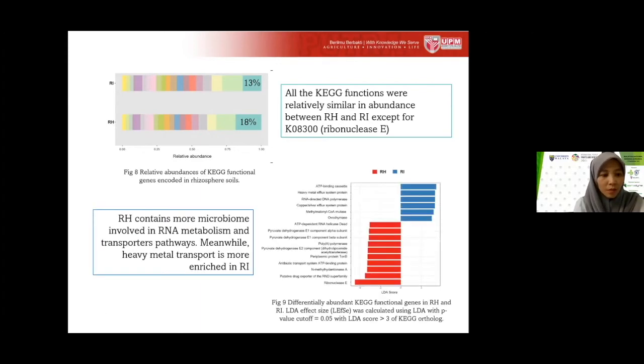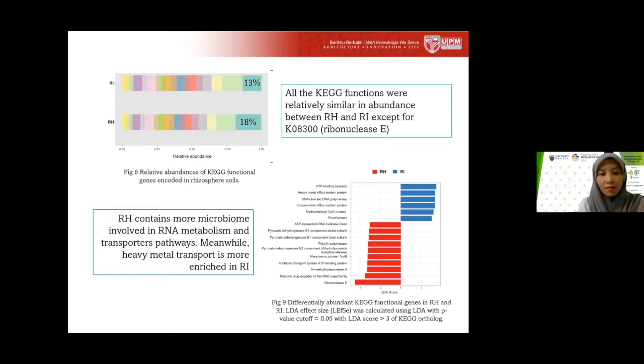And so the healthy rhizosphere contains more microbiome involved in RNA metabolism and also transporter pathway, and these are essential functions generally required for microbes. And we thought that their abundance in the healthy rhizosphere contributes to the general well-being of the bacterial community to fight off invaders.